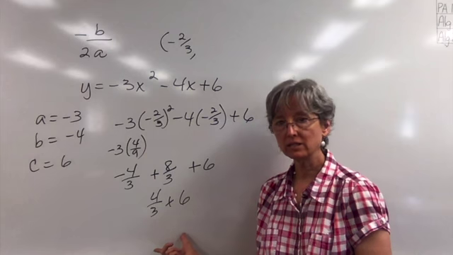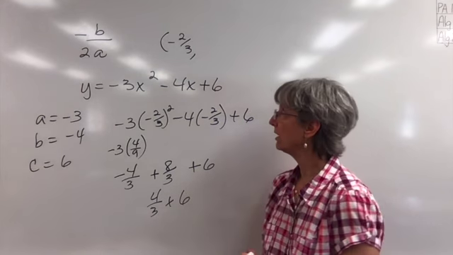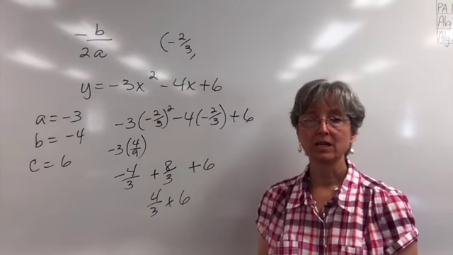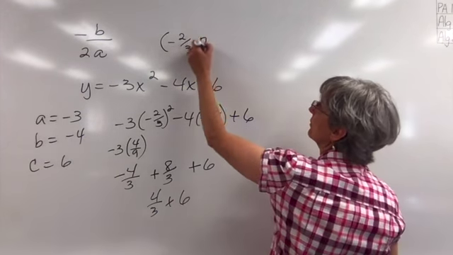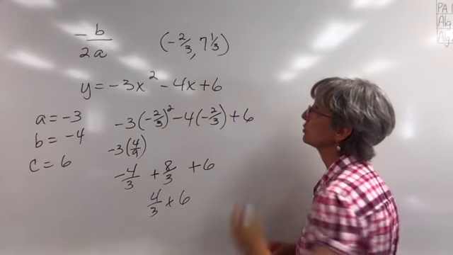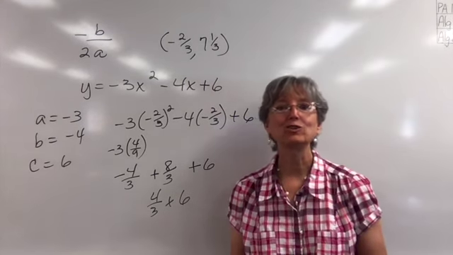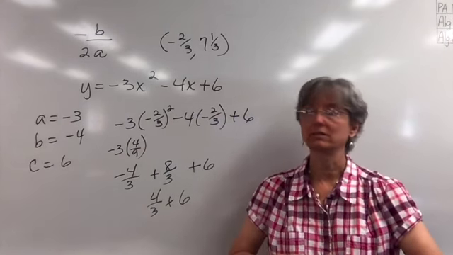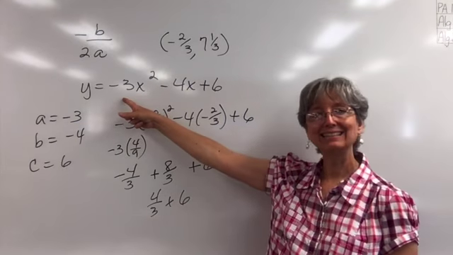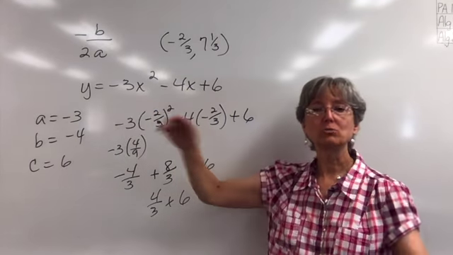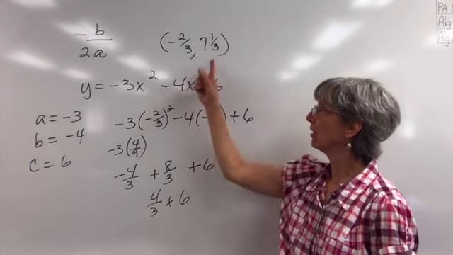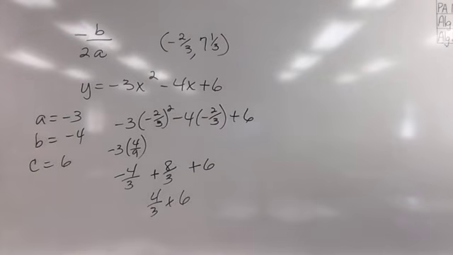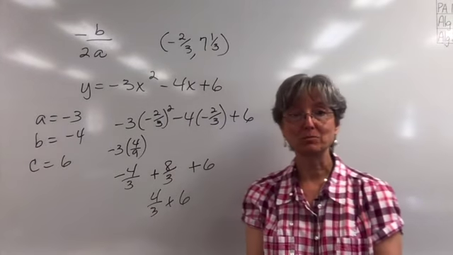You can leave that as 7 1/3 if you want, or you can make it an improper fraction, 22/3, whatever. There's your vertex. Crazy. All right, our a is negative, which means this parabola opens down. Therefore, it has a maximum, right?